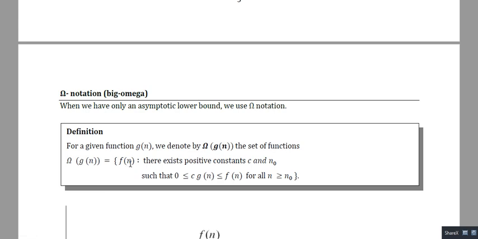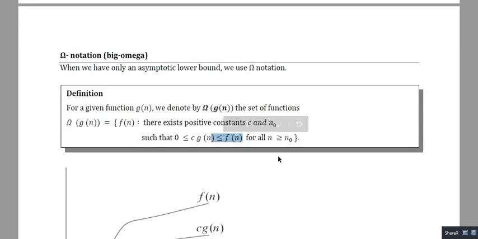So given a function f(n), we can write f(n) is equal to big omega g(n) when the value of f(n) is greater than c into g(n). Here our target is to find the value of c for which f(n) is always greater than c into g(n), and also you have to find the value of n0, from which point onwards f(n) is always greater than or equal to c into g(n), right?